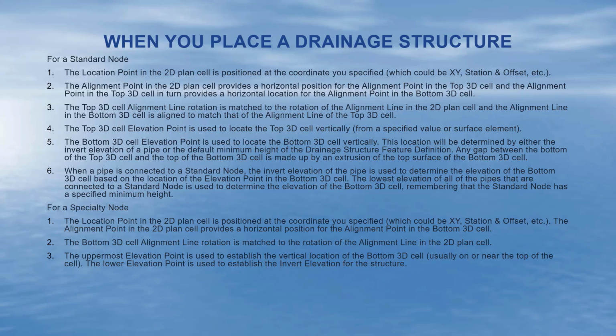The result of this extrusion is that the top surface of the bottom 3D cell now extends all the way to the bottom of the top 3D cell and has no slab, so it is basically an open box. There is currently no good workaround for this, but we are hoping that in the future we will be able to make it more like the physical elements that are actually being placed in the real world.